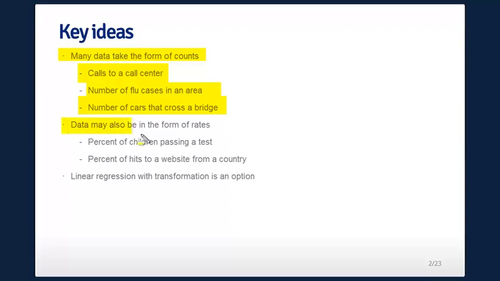The data may also be in the form of rates. In fact, I find it difficult to think about Poisson data without thinking about it in terms of some rate or some monitoring time. So what we mean by rates then is a count per unit time.